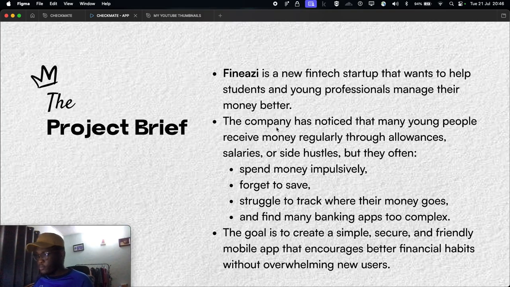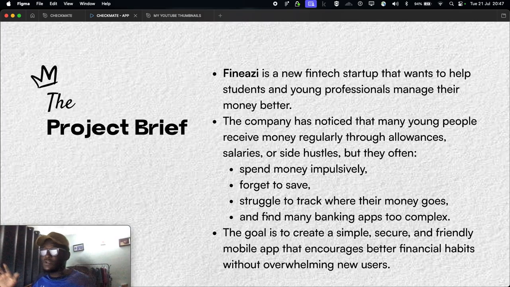The company has noticed that so many students and young professionals receive money regularly, maybe through allowance, salaries, or side hustles, but they often spend that money impulsively, right? They forget to save, and they struggle to track where their money goes. And they also find that many banking apps are just too complex.